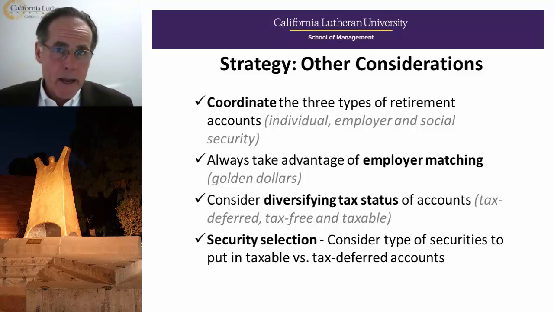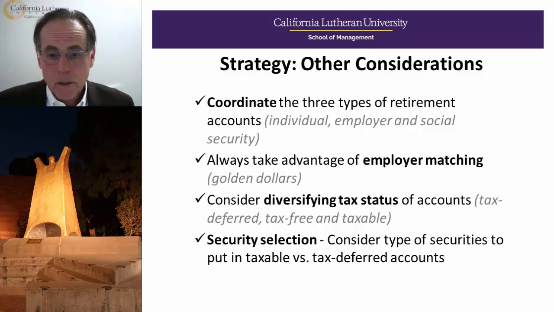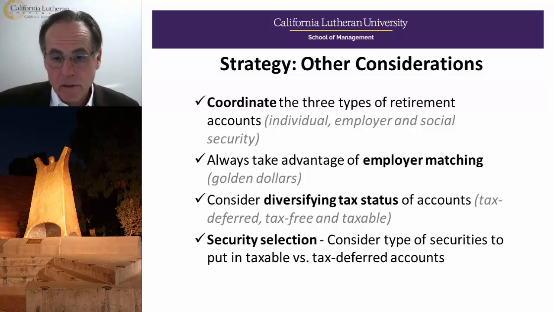Not knowing the way that tax rates will move in the future, look at putting some money in tax-deferred accounts, some tax-free, the tax-free Roth, or maybe taxable accounts now. And also think about where you put the different types of securities in your savings accounts, into the taxable accounts versus the tax-deferred accounts.